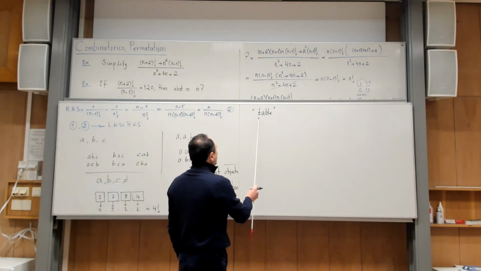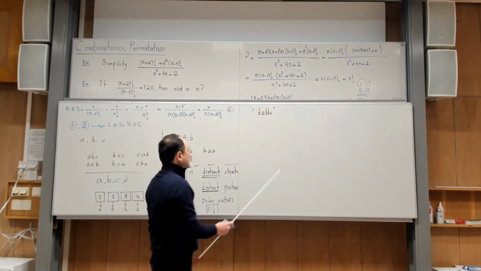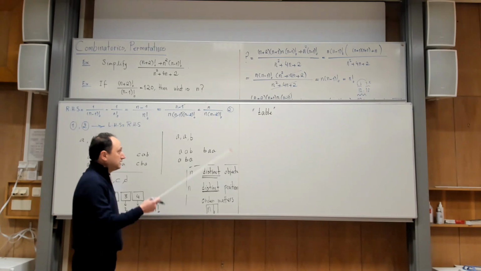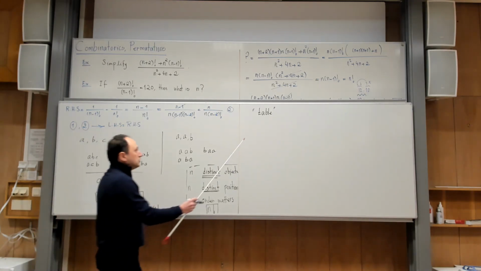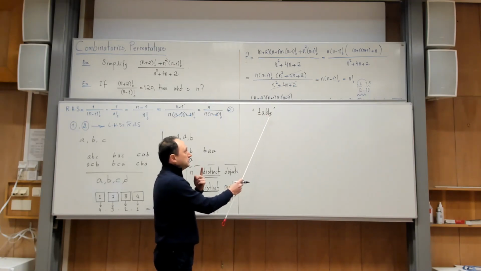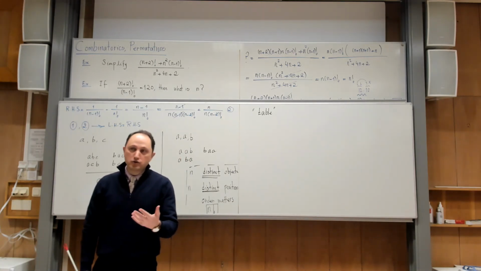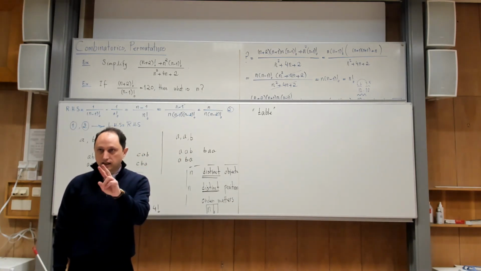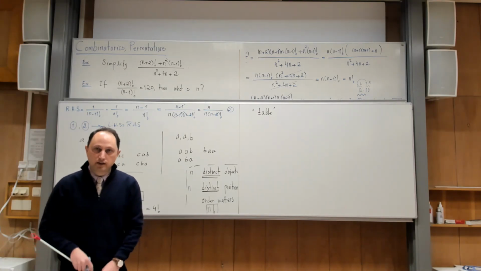So when I ask you how many words I can make using the letters in the word table, it means that you have exactly 1 T, 1 A, 1 B, 1 L, and 1 E, and you want to arrange them. If you interchange the letters in a word, it matters, because it might produce another word.